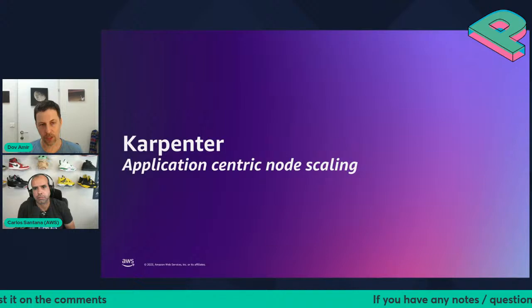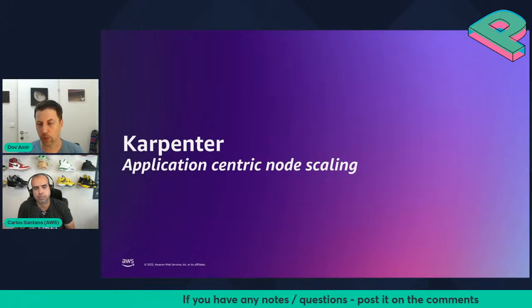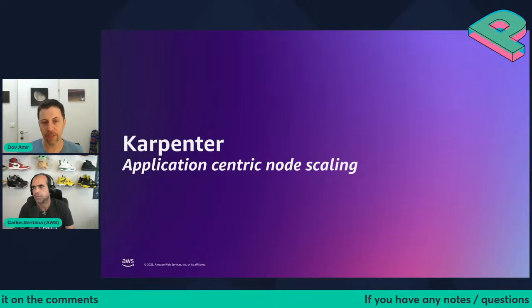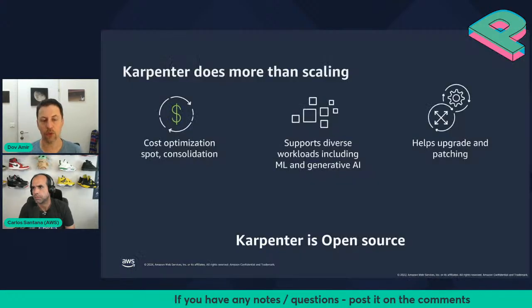And the other announcement is that Karpenter, just last week, announced V1. Now, Karpenter has been GA, generally available, for a while now, but now it's also officially V1. So it's a good time to look into Karpenter.